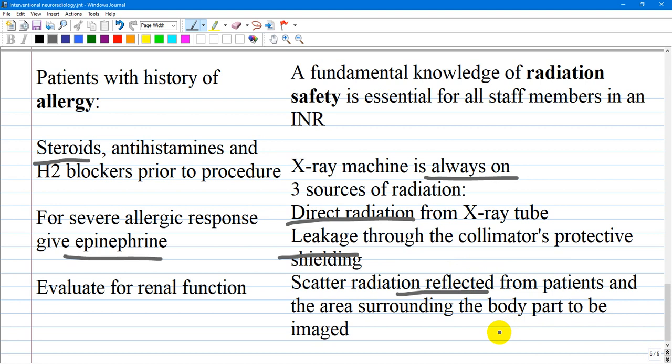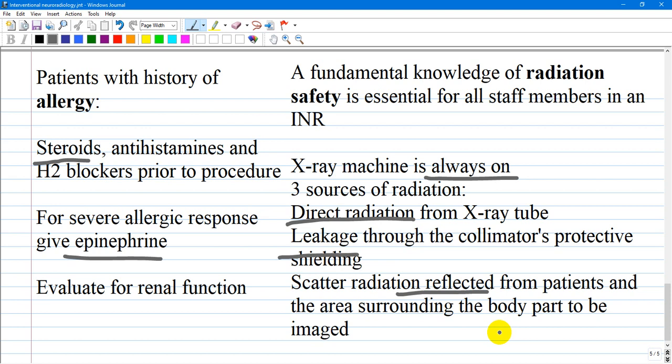The amount of exposure decreases proportionally to the inverse of the square of the distance from the source of radiation. Inverse square law. Digital subtraction angiography delivers considerably more radiation than fluoroscopy.